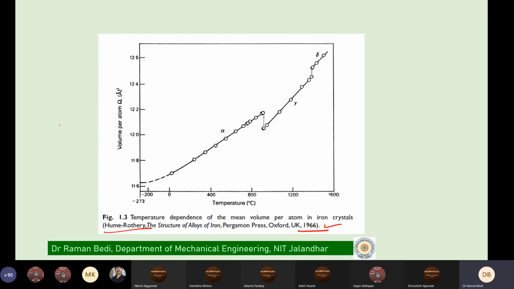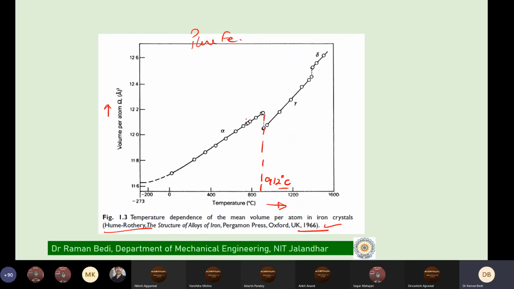What you observe here is that I am plotting volume per atom versus temperature for pure iron. When I do that, we find that something strange is happening at this temperature, which is nearly 912 degrees centigrade.